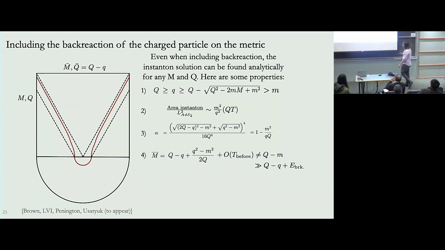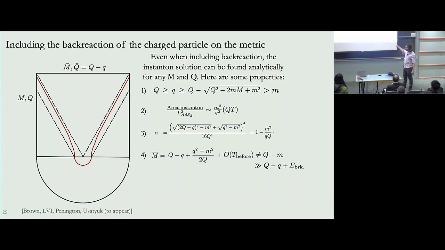For the mass, this is something that I found quite unexpected: the new mass of the black hole after the instanton is emitted is actually still very close to extremality. So naively, you'd think that the new mass of the black hole would just be the difference between the old mass of the black hole and the mass of the electron. So let's say that we're extremely close to extremality, so the old mass was exactly q.